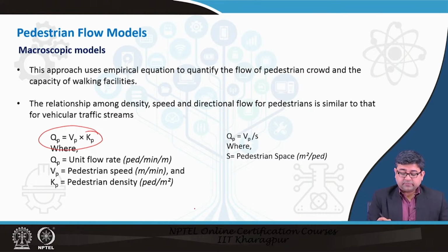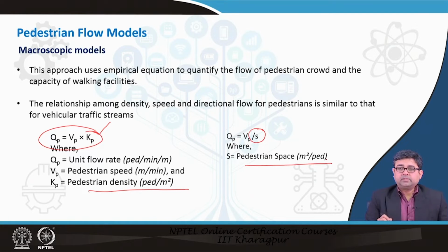Sometimes in case of pedestrians, we also say that we do not use density Kp, instead we use something called pedestrian space, which is just the inverse of density, right. So density is pedestrian per square meter, whereas space is meter square per pedestrian.